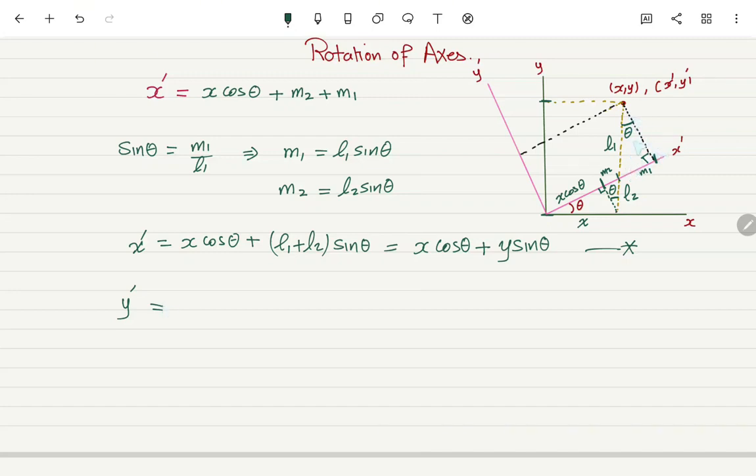So y prime is actually equal to this part here, which equals L1 cosine theta, which equals, now L1, this one here, is actually equal to y, this is y, minus L2, times cosine theta. By simplifying this one here, y cosine theta minus L2 cosine theta.